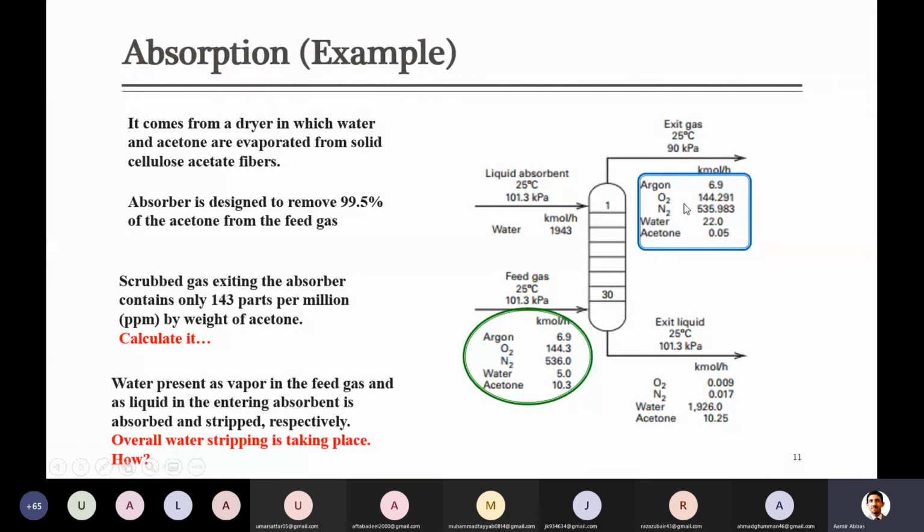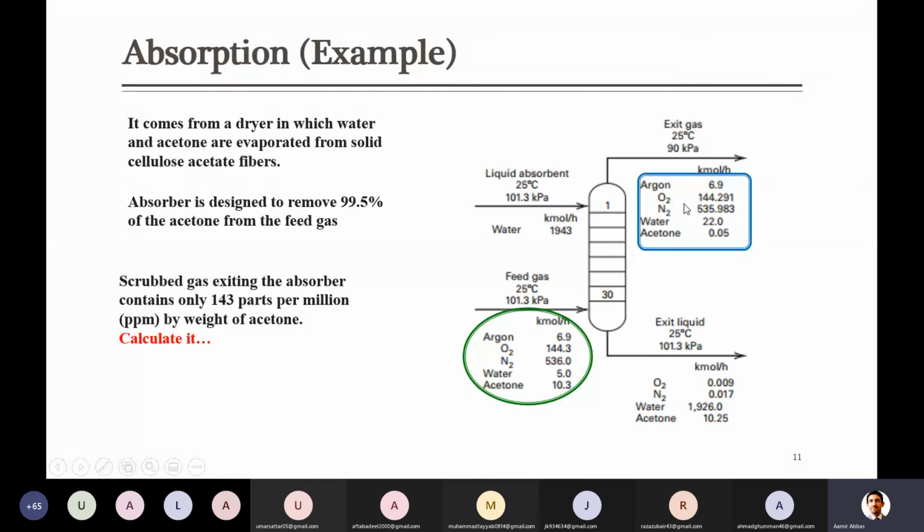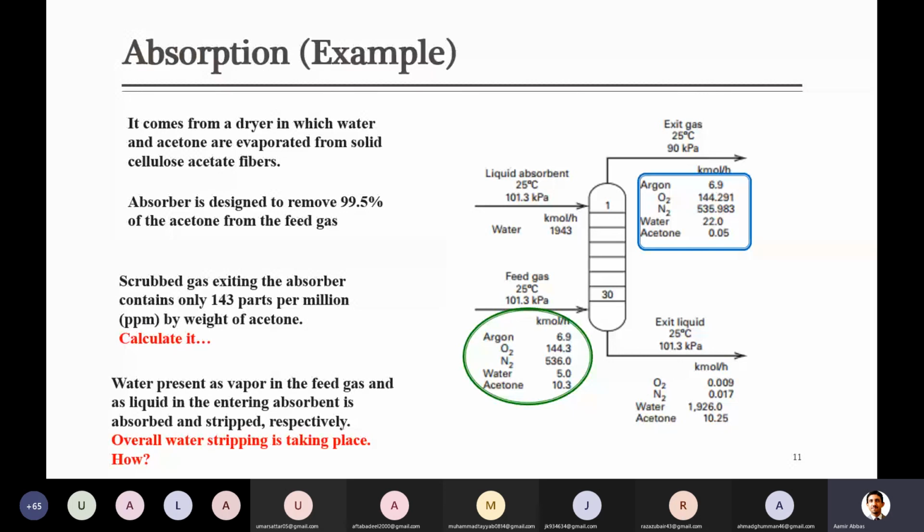So here the water is actually, if you look, part of the gas stream, as well as being used as an absorbent from the top. So with the water, both phenomena take place, stripping as well as absorption of the water.